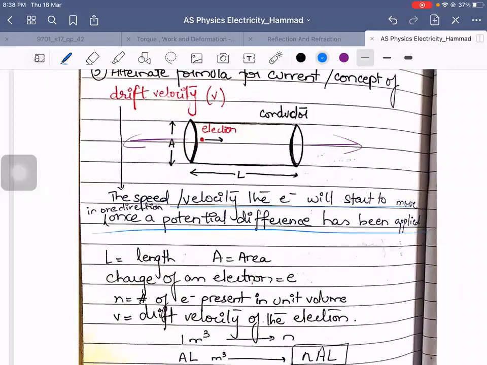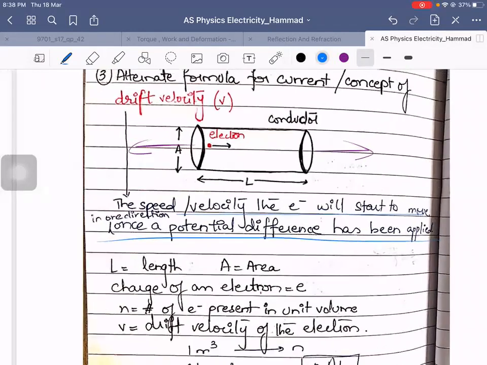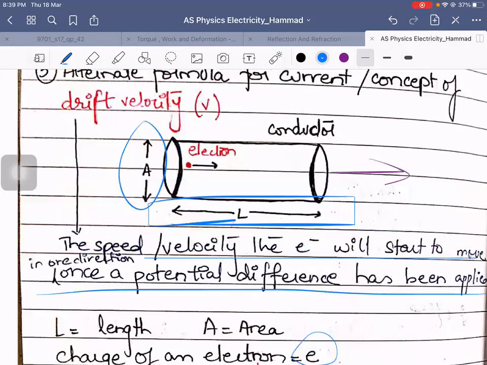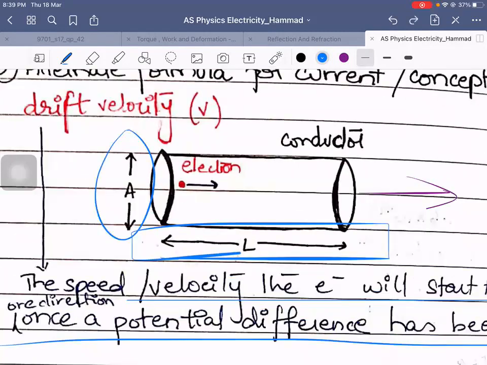Let's say I have L as the length of my container, A being the cross-sectional area, and the charge on the electron is E. Since this is a container, definitely there is not just one electron present.